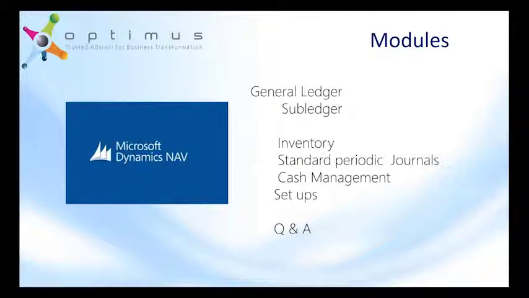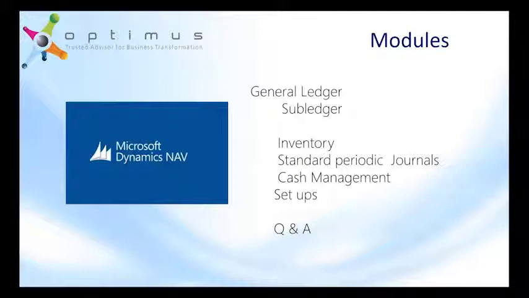We need to give a review for accounts receivable, a review for accounts payable. Also, we need to check our inventory for many closing purposes and reevaluation of the inventory. Another very important topic here is cash management and bank reconciliation, and so on.